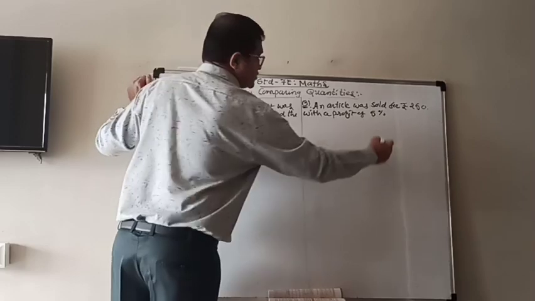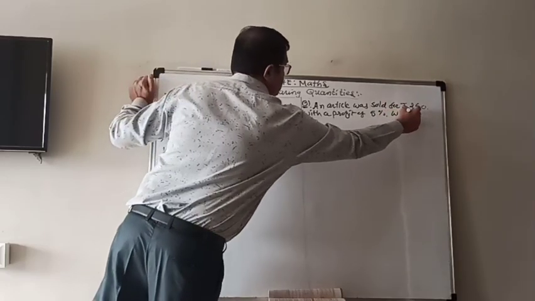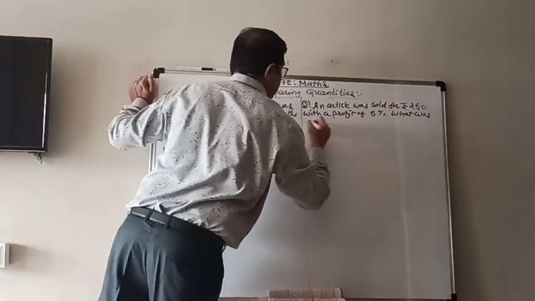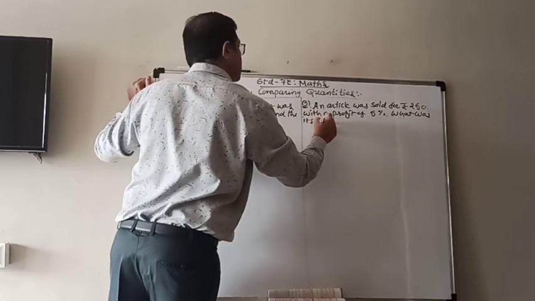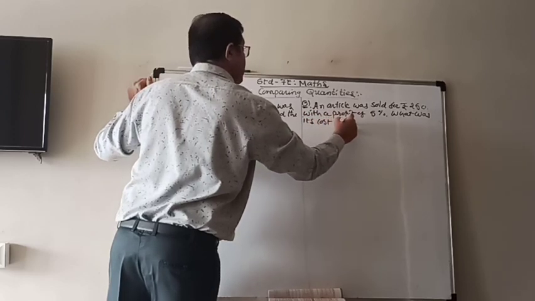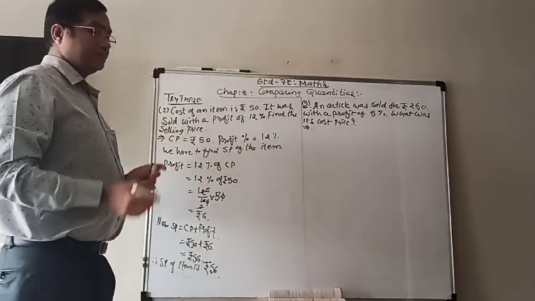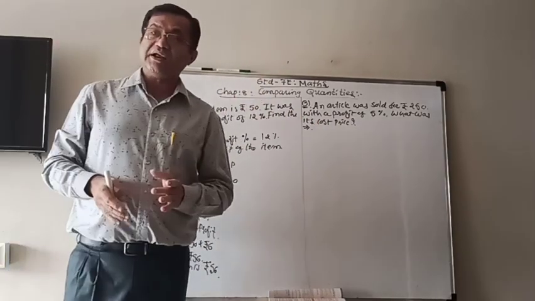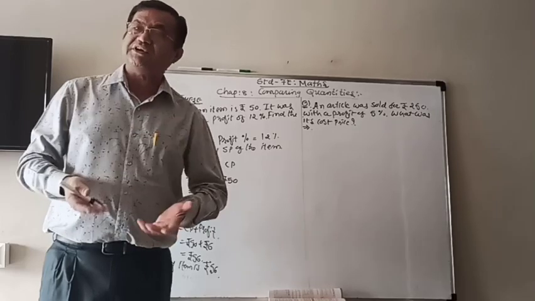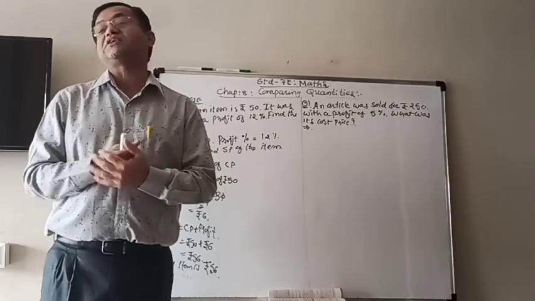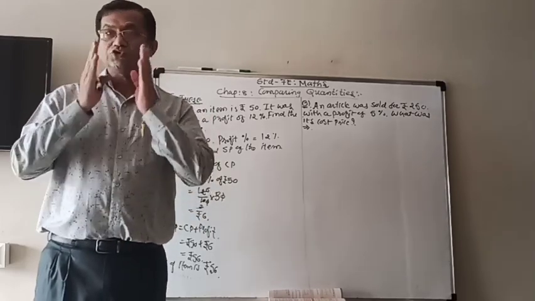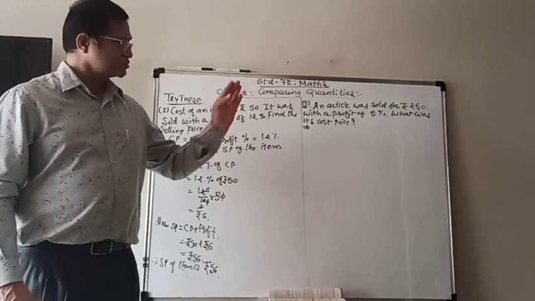What was its cost price? So now here, little different sum, because here SP is given, profit is given, but CP not given. We have to find the CP.